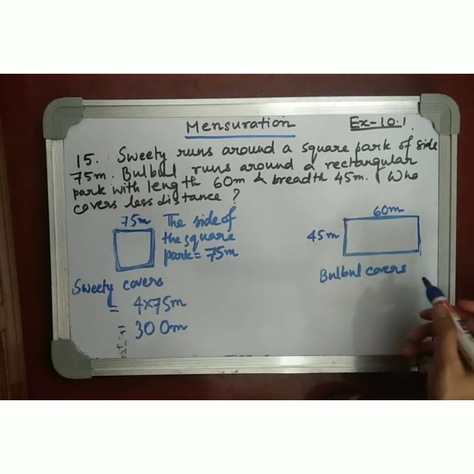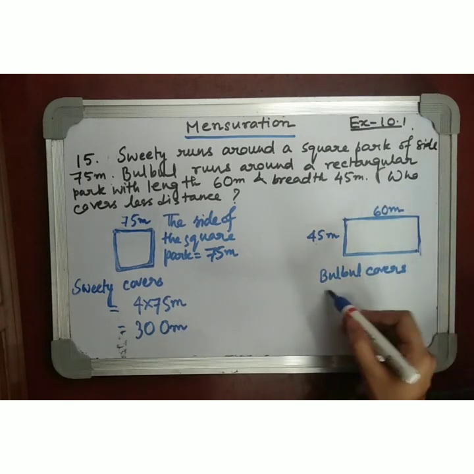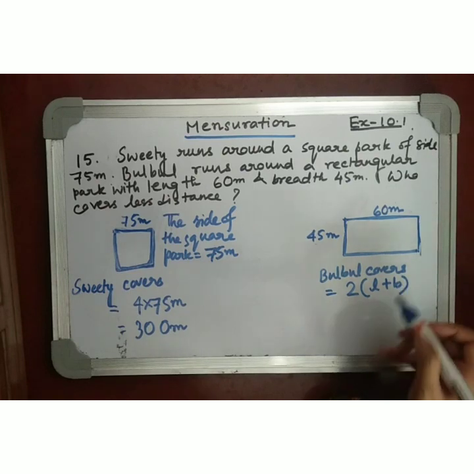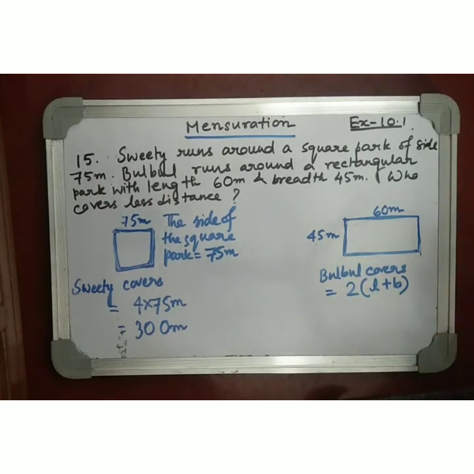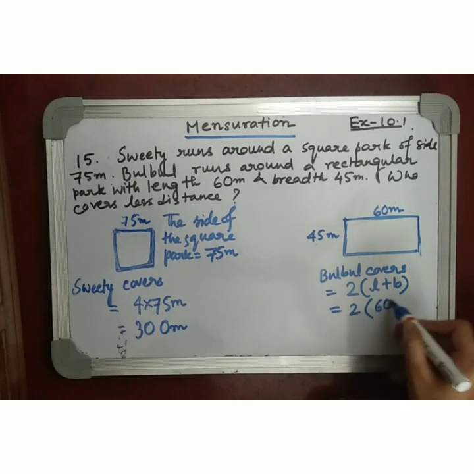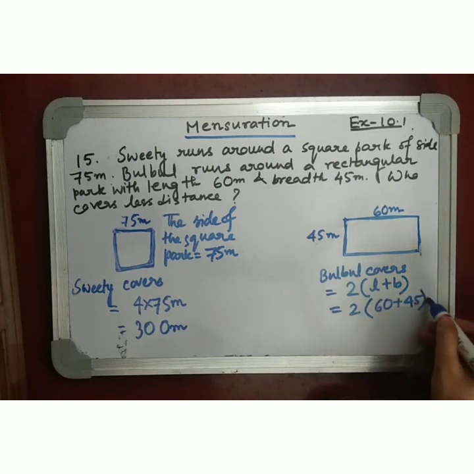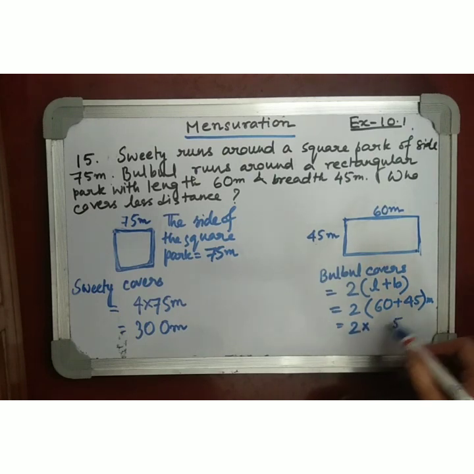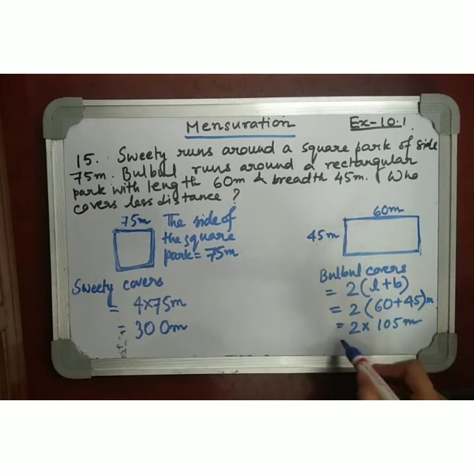since Bulbul is running around a rectangular park, we know the formula of the perimeter of the rectangle is 2 into (L plus B), that is 2 into (60 plus 45) meter. It means 2 into 105 meter, that is 210 meter.